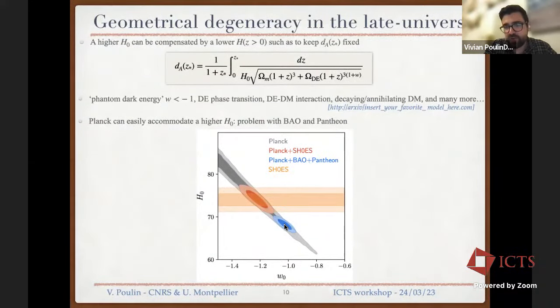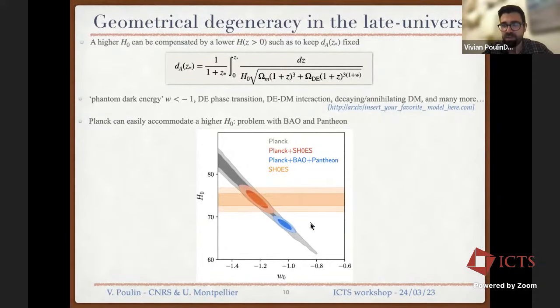However, we have a lot of intermediate redshift measurements of the expansion history. In particular, we have baryonic acoustic oscillations, and we have a whole suite of high redshift supernovae calibrated with SH0ES, for instance, that are the Pantheon catalog of supernovae. And this is what forbids this sort of solution. And this is very generic, in fact.